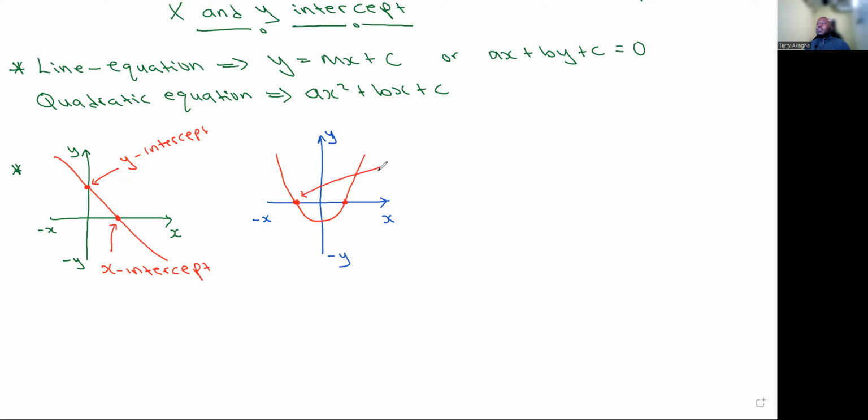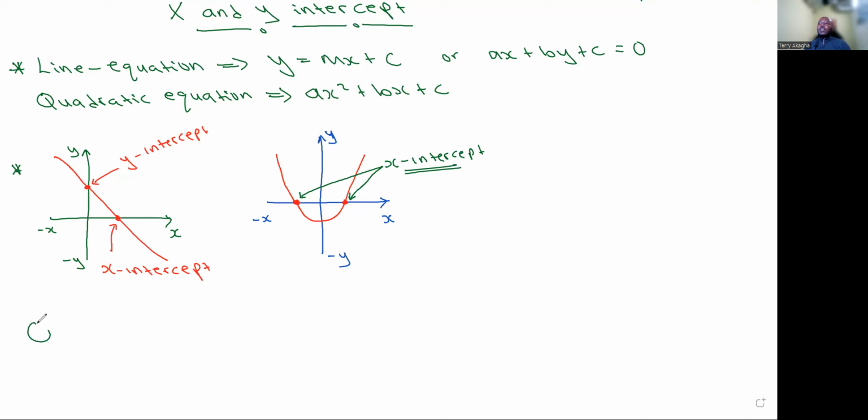When we say the x-intercept, we're talking about the point where it crosses the x-axis. In this case, this point and this point are both the x-intercepts. And to be fair, the x-intercept has been dealt with extensively before, because if you notice, the x-intercept is the root of the equation, okay?